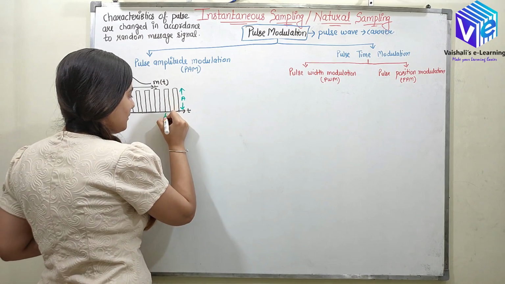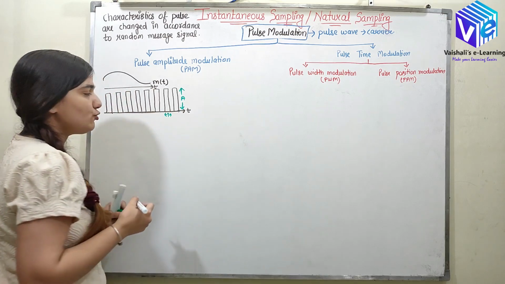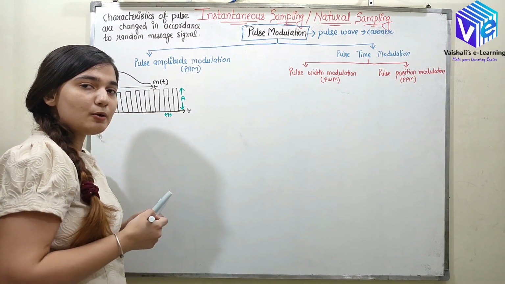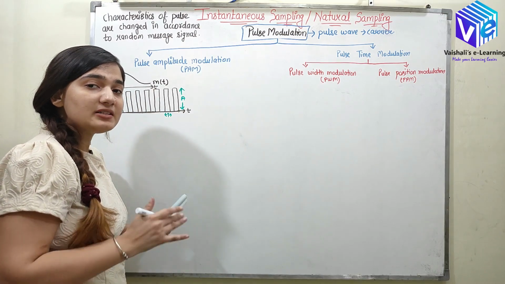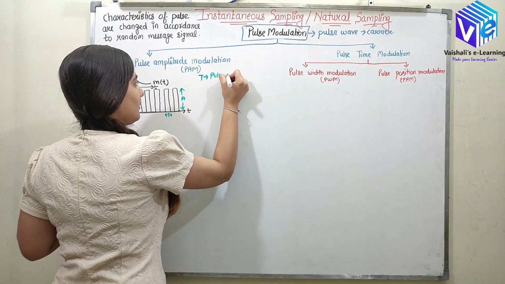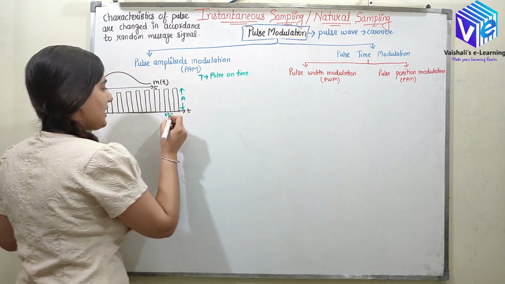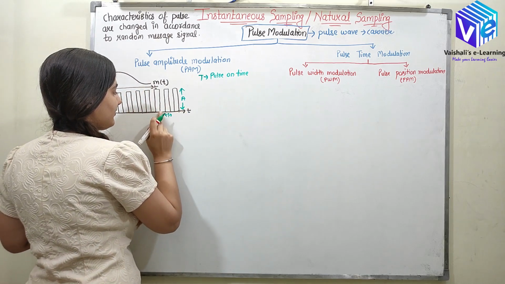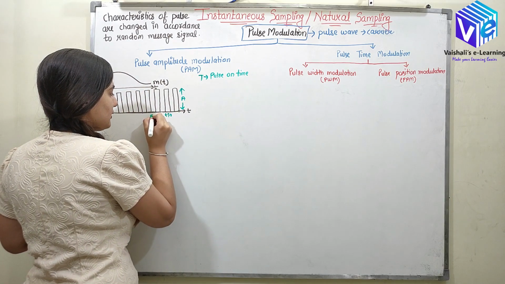Now here we have the pulse duration, which is called T, which is also known as pulse on time. So T is pulse on time. Here we have T1, and I will be denoting it.